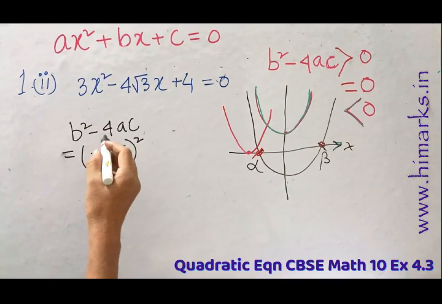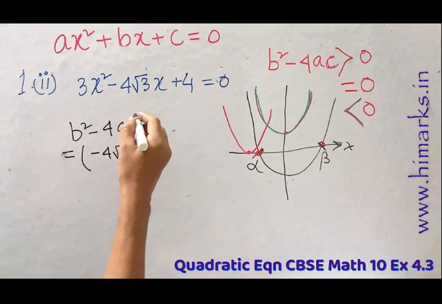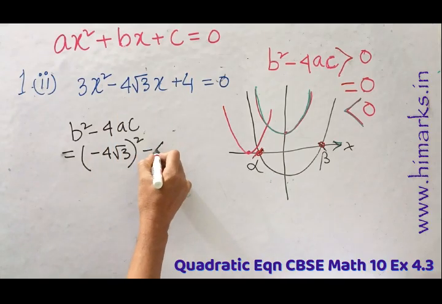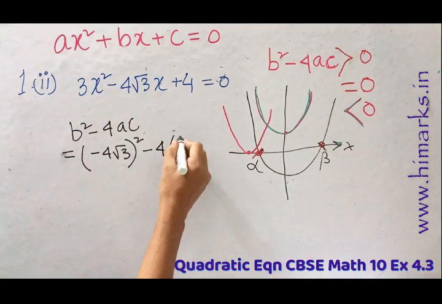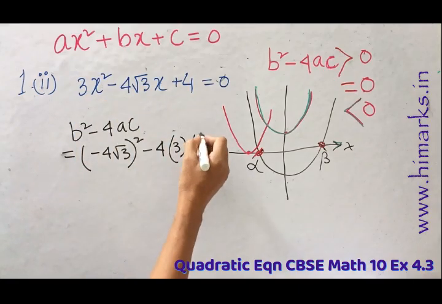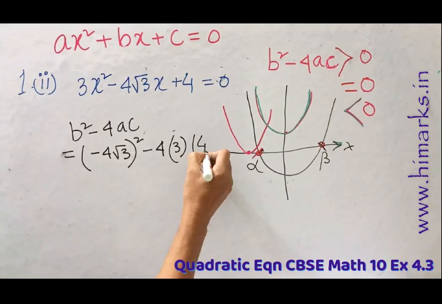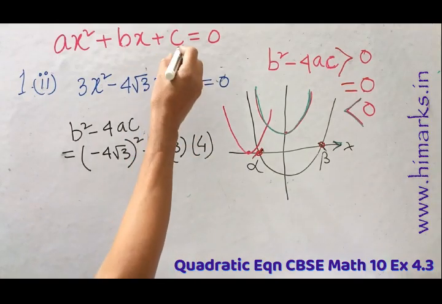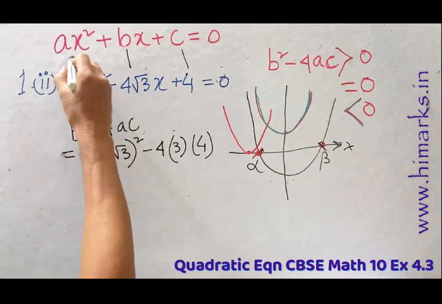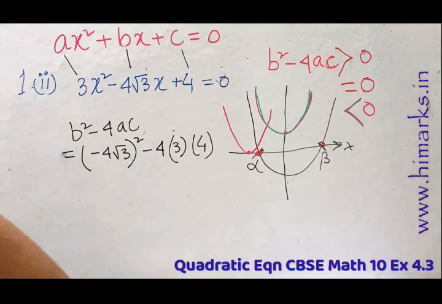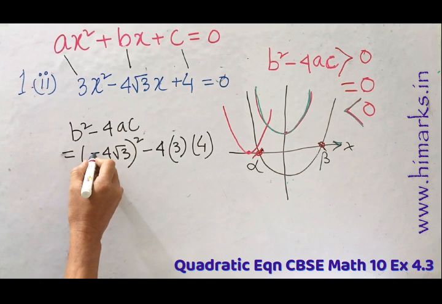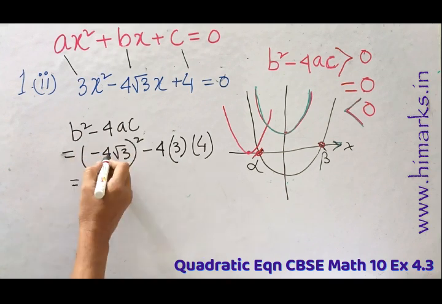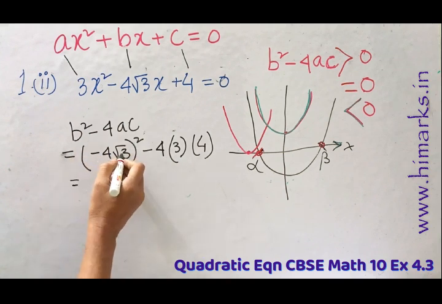Okay, b square, this is b, minus 4. A is how much? 3, and c is 4. Compare with this. So now minus 4 root 3 whole square. Minus and minus will be plus, so 4 root 3, don't get confused.